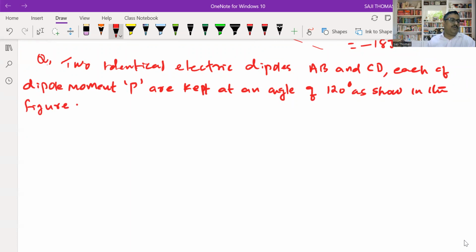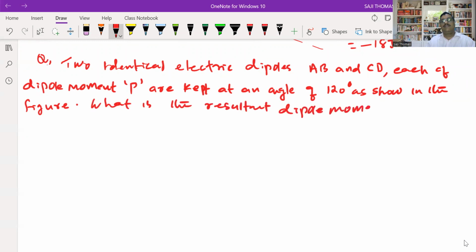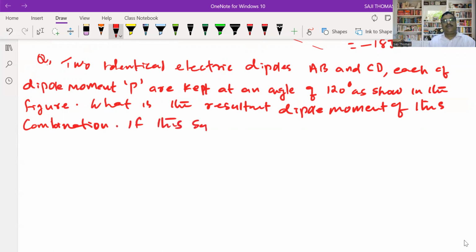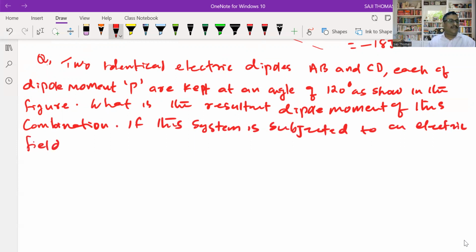What is the resultant dipole moment of this combination? If this system is subjected to an electric field directed along x direction, what will be the magnitude and direction of the torque acting on it?